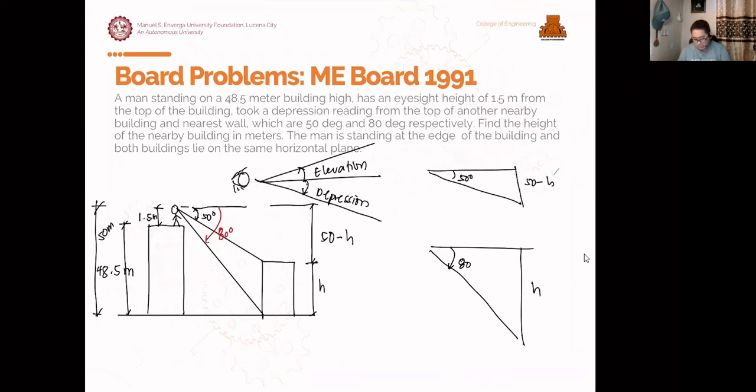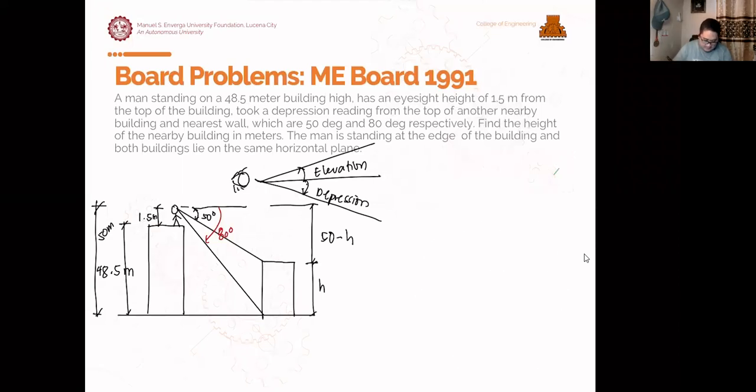So, what do you think we can do para ma-identify yung value ni h? Hindi to h, sorry. So, this is 50 meters. Okay? So, yan. Nabusan na ako ng space. Wait lang.